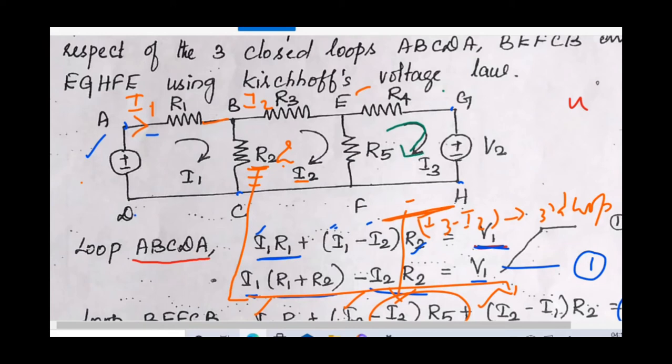What it means is, if V2 supplies a current, it should flow in this direction from G, E, F, H. But we consider the equation in the opposite way. So there are two ways to write the equation.